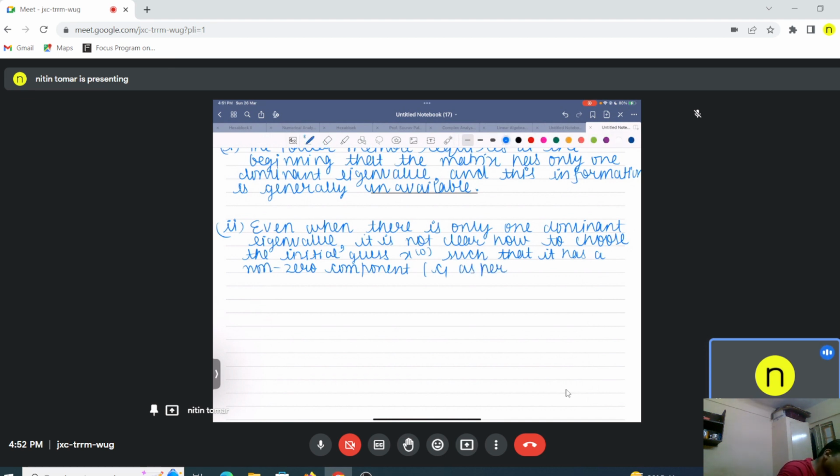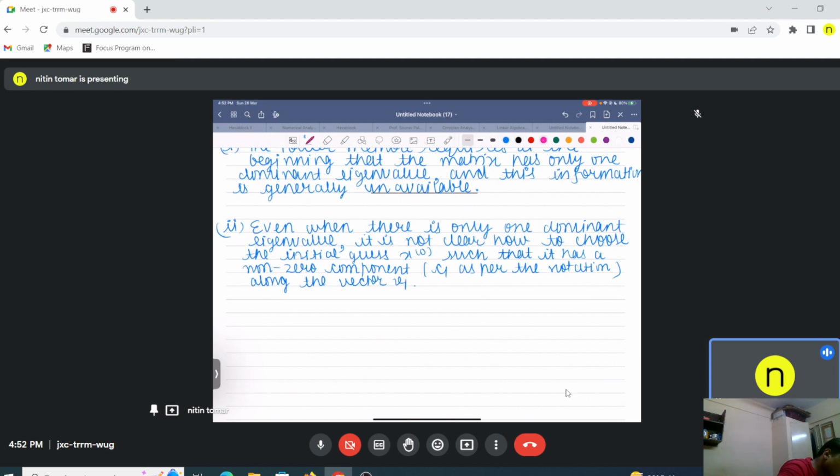We use C1 as per the notation along the eigenvector V1.